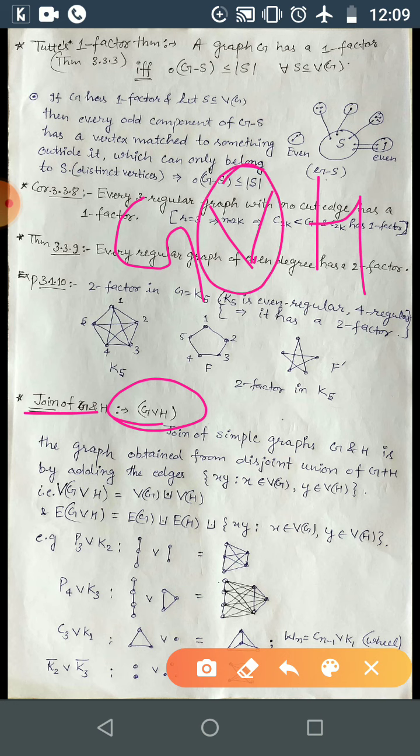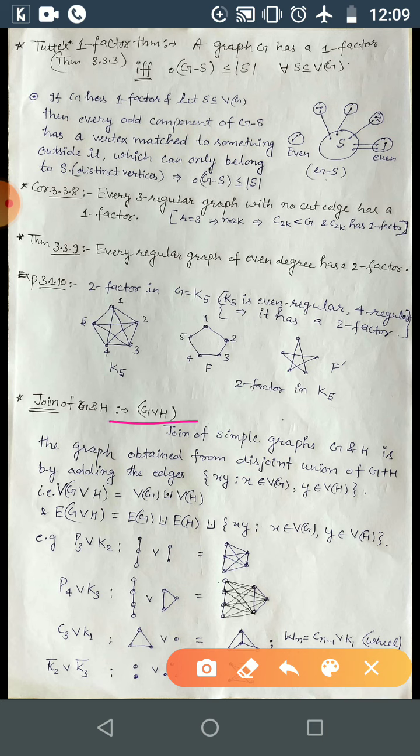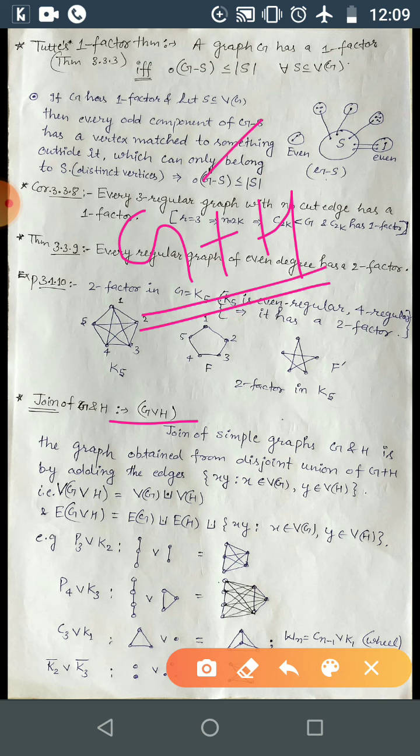In some books you might find G + H also, so don't be confused with that. That is the same join of two simple graphs.